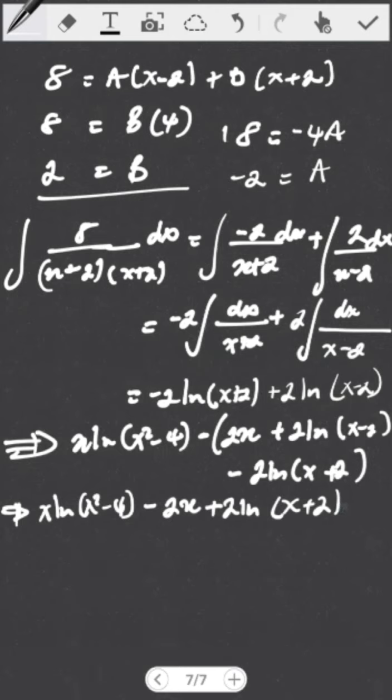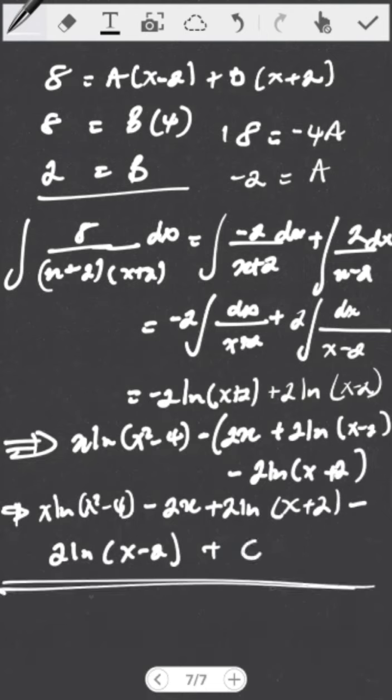Yes, then minus 2 ln of x minus 2 plus an arbitrary constant, and then this would come as your working. It may look somewhat disorganized, but as you follow the connection, afterwards you'll be getting something out.